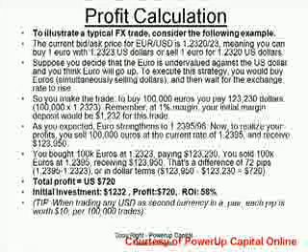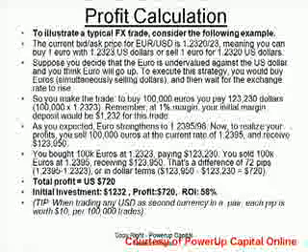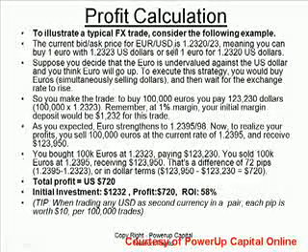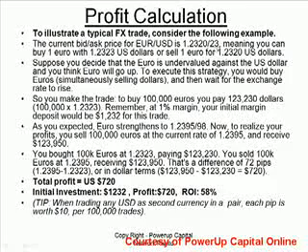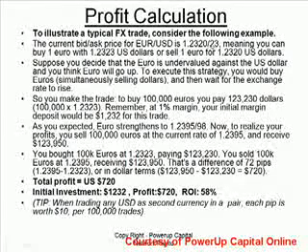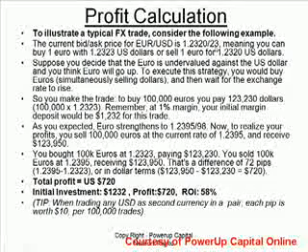So let's look at one profit calculation. Let's say the current price for Euro US is 1.2320 23. Now always you will find two quotes. The first quote is called the bid, the second is called the ask.